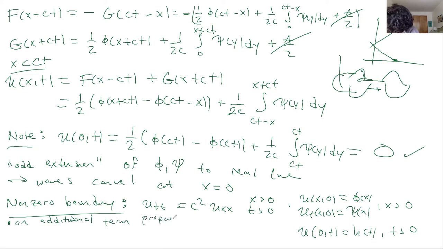that propagates boundary data into your upper quadrant there. Let's look at just what happens if phi and psi are 0.